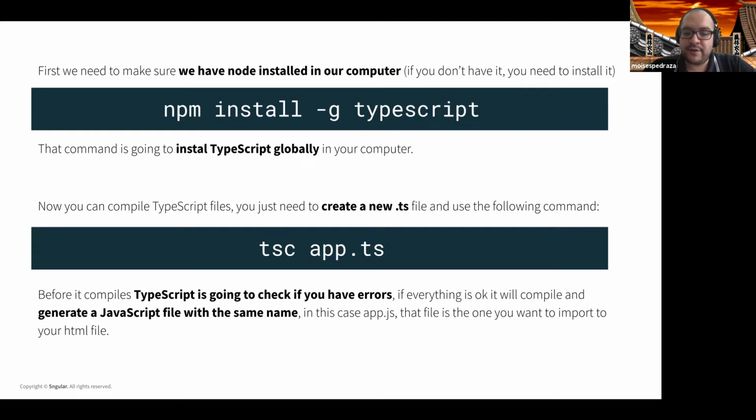What you need to import is the .js one, because the browser will not recognize that file type. That's the reason why we need to compile the TypeScript files into regular JavaScript in order to be available in the browser. Well, in the client, because you can use TypeScript in the browser for web applications, or you can use it with Node applications too.